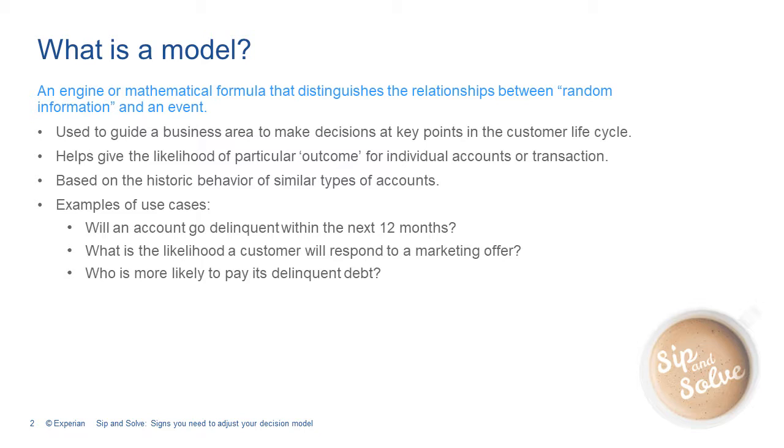Some examples that you may be actively using are risk models, like will an account go delinquent, or marketing models, like will a prospect be responsive to a specific marketing offer, or something like collections, who's more likely to pay delinquent debt. All those kinds of models, you're probably familiar with them and using them in your day-to-day businesses.